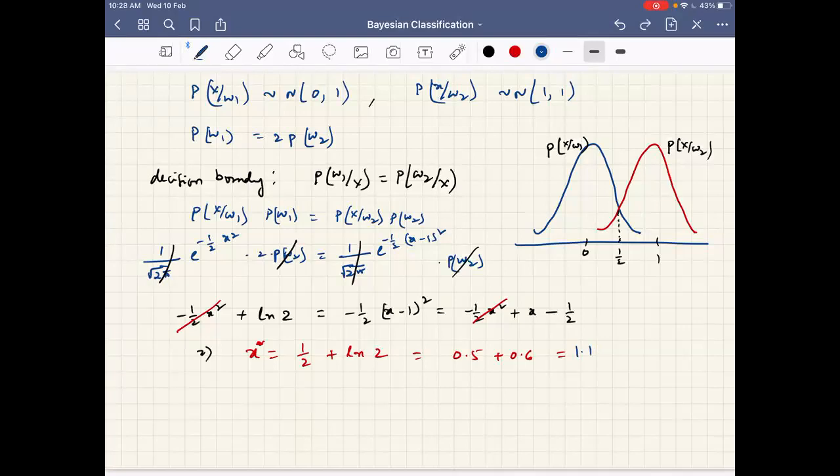So now what will happen? This is the decision boundary now. You see now something strange has happened. This is the decision boundary with posterior.